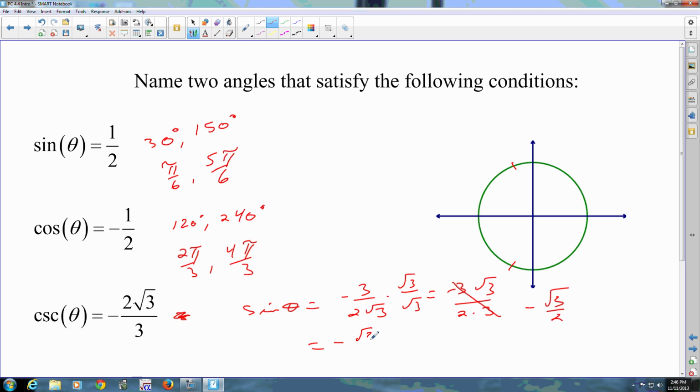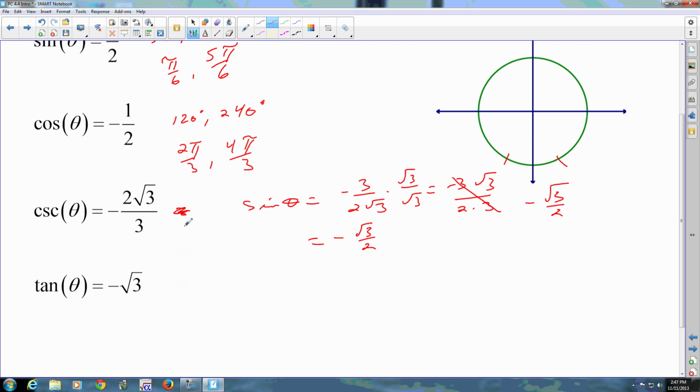Where is sine negative square root of 3 over 2? Sine is your y values. Your y would be negative square root of 3 over 2 here and here. So that's going to happen at 240 and 300, or 4 pi over 3 and 5 pi over 3.